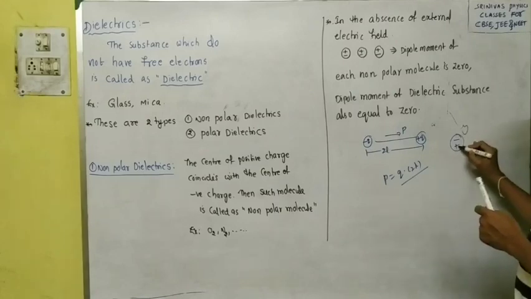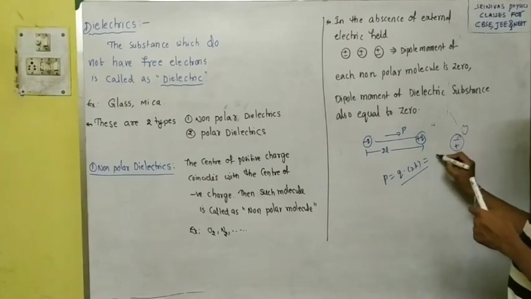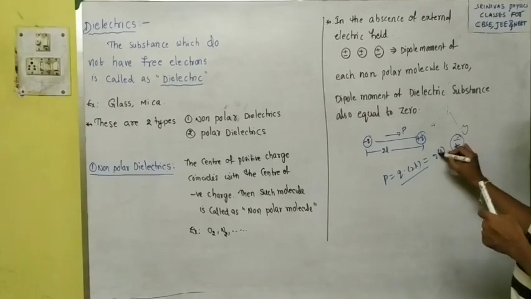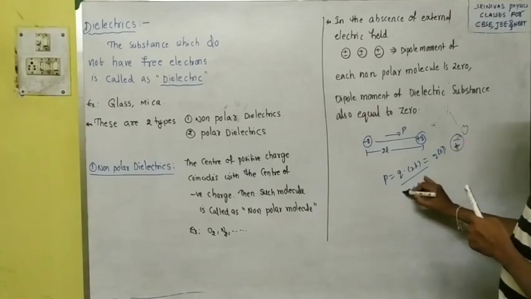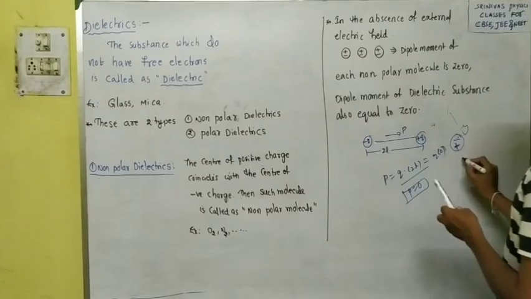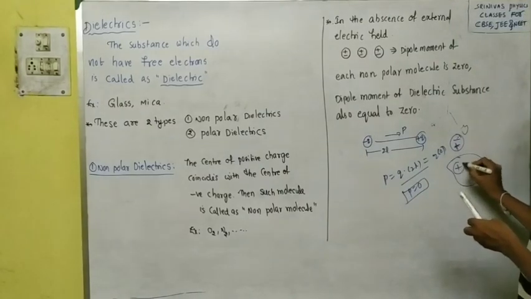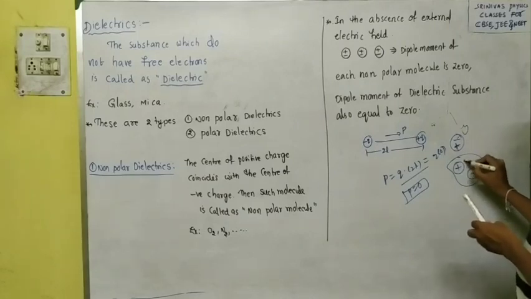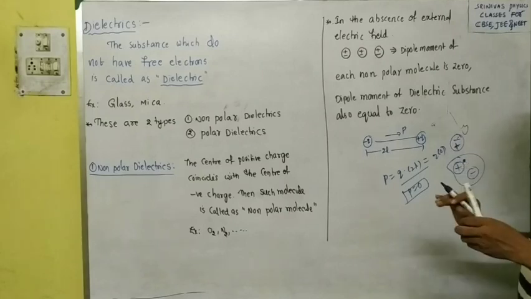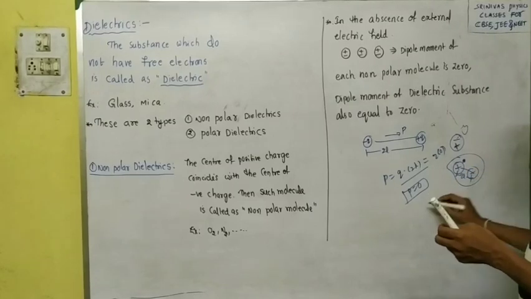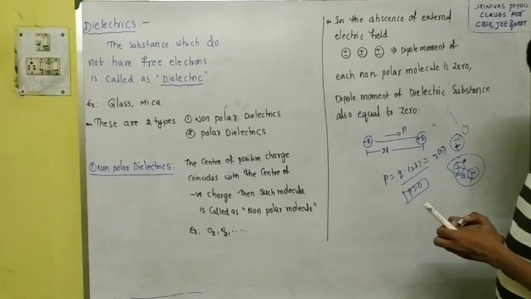When both coincide, there is no gap between them. That means the distance between the negative and positive charge is zero. When the distance is zero, the dipole moment of each molecule is zero. Every molecule has positive and negative charge, and the total positive and negative charge concentrate at the same point, so there is no separation between them. When there is no separation, the dipole moment is zero.